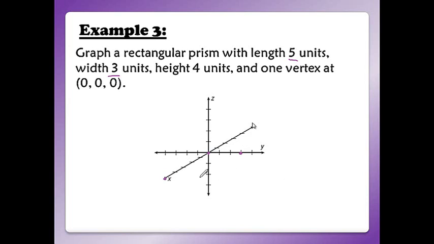So that would give me a 3 by 5 rectangle. And go ahead and draw that in. And then I know it will be 4 units high. So I will go up the z-axis 4 units. And it will do that from every one of those vertices of my bottom base.